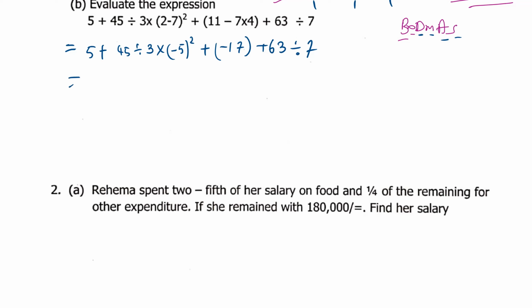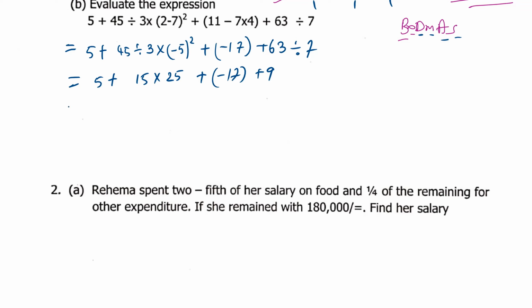The next step, you are going to divide. So I'm going to have 5 plus 45 divided by 3, you get 15, times 25, since -5 squared is 25, plus -17, plus 63 divided by 7, you get 9, so plus 9.